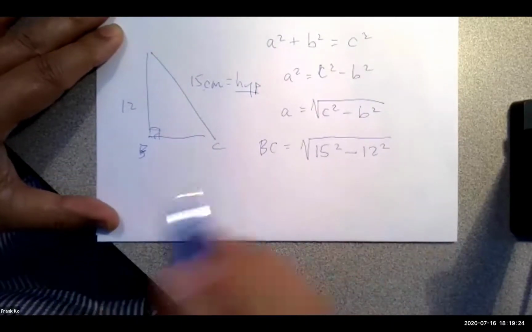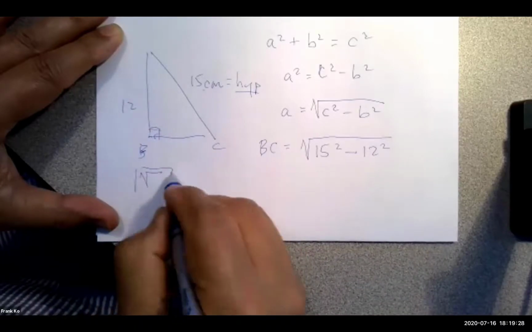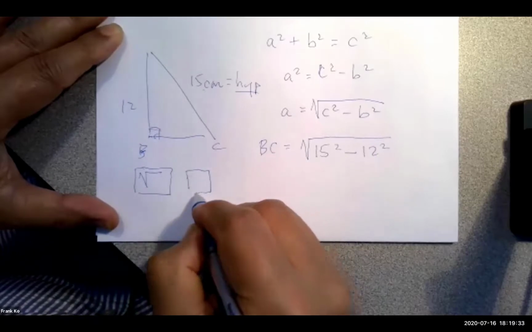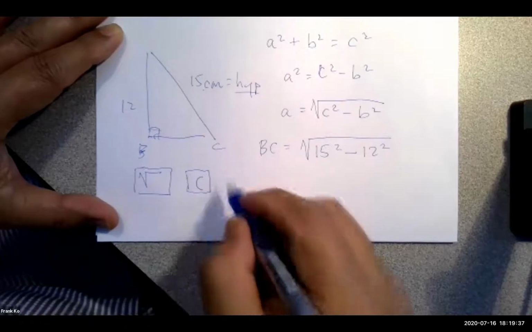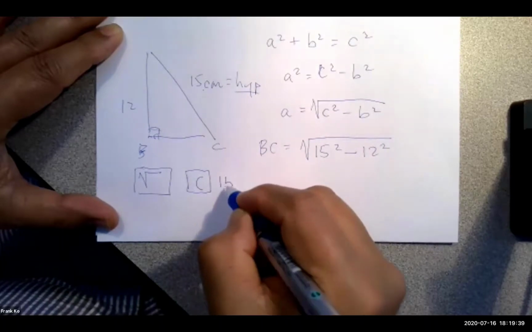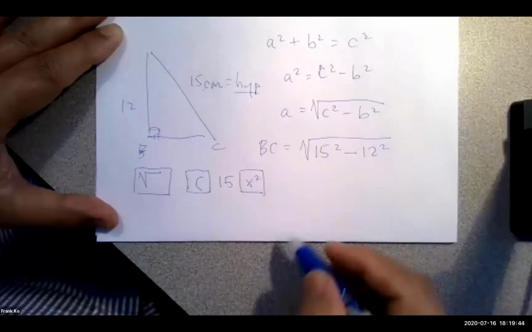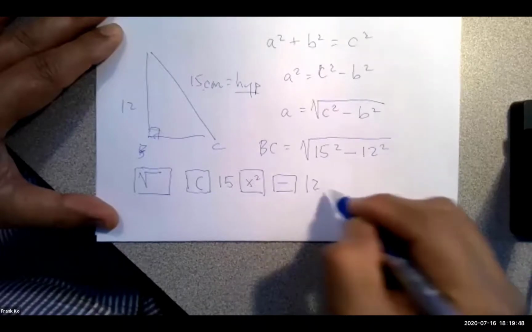And the way you do the keystroke sequence for this, for those of you who showed me your calculators and I said that it wasn't quite right, you do this. You hit the square root key first. And you have to make sure you hit your open parentheses key. You cannot forget the open parentheses. Then you key in 15. Then you key in your x squared button. You key in your subtract button. You key in 12.